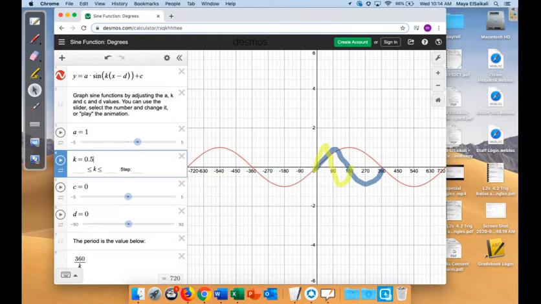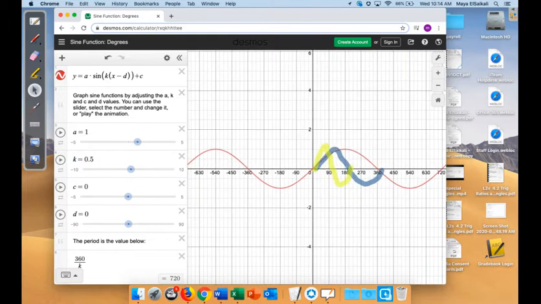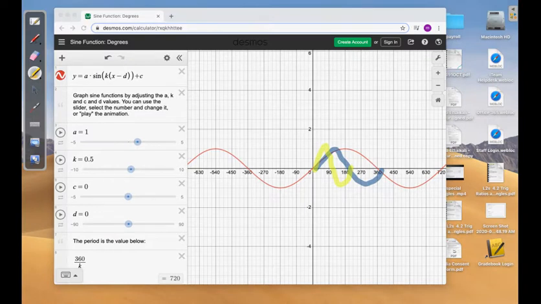So you see that right now, what I have here is a horizontal stretch, okay? It looks wider. So I have a horizontal stretch if k is between 0 and 1, and then it's gonna look much bigger. All right, so you can use this Desmos to explore further.